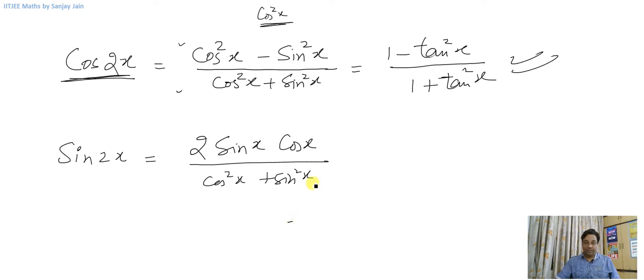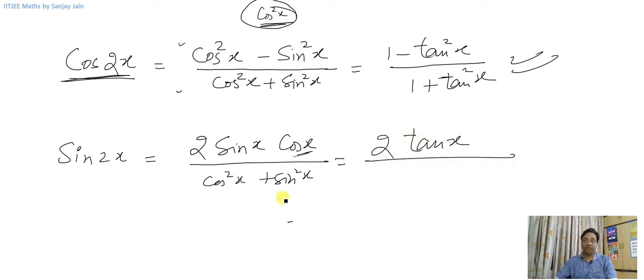And in this expression also, let us divide the numerator as well as the denominator by cos square x. Now if you divide the numerator by cos square x, one of these cos x will get cancelled, so you'll have 2 tan x in the numerator, and in the denominator this will become 1 and this will become tan square x.